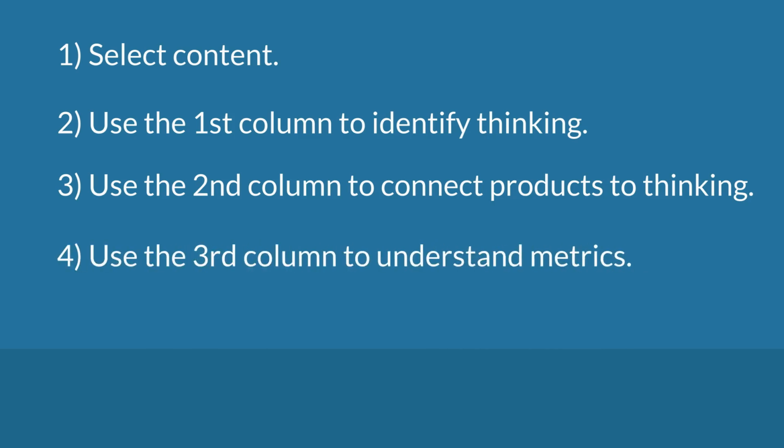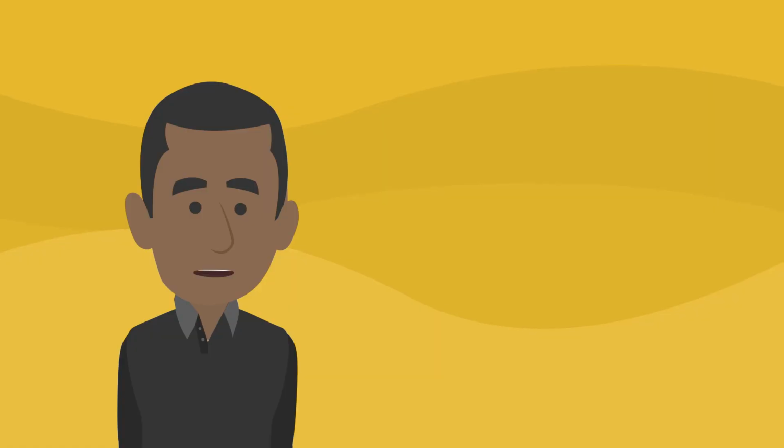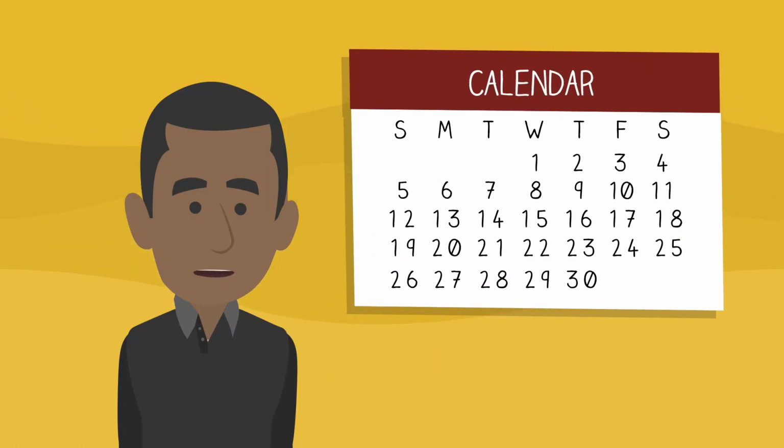Step 4. Use the third column to understand the metrics that guide your studying. In Step 5, use the fourth column to appreciate the confirmation signals that are triggered by each respective level of metrics. Use this tool for 30 days and you will gain control of your metrics and levels of confirmation. In a short time, you will reduce your study time and elevate your test performance.